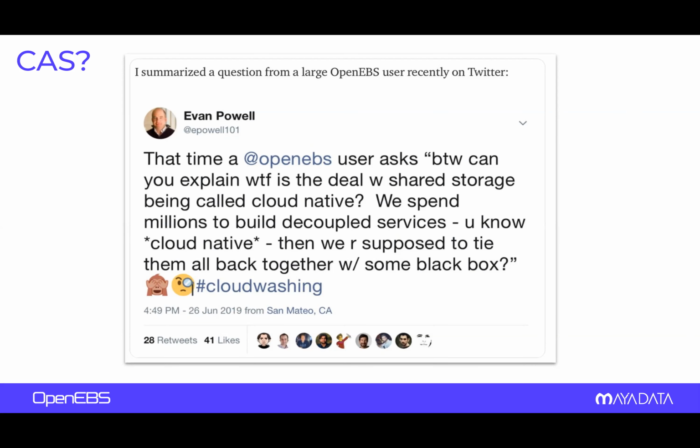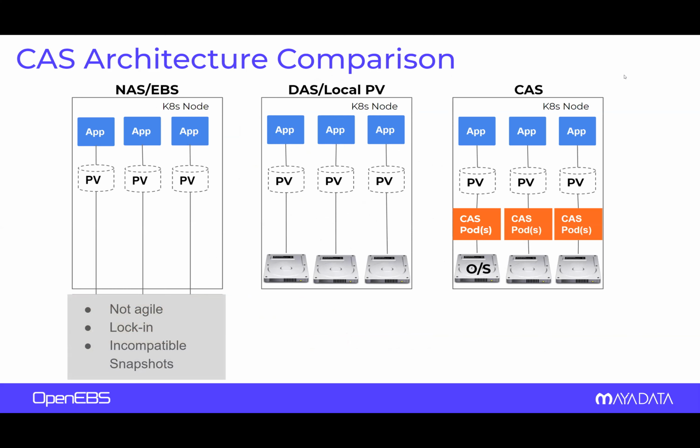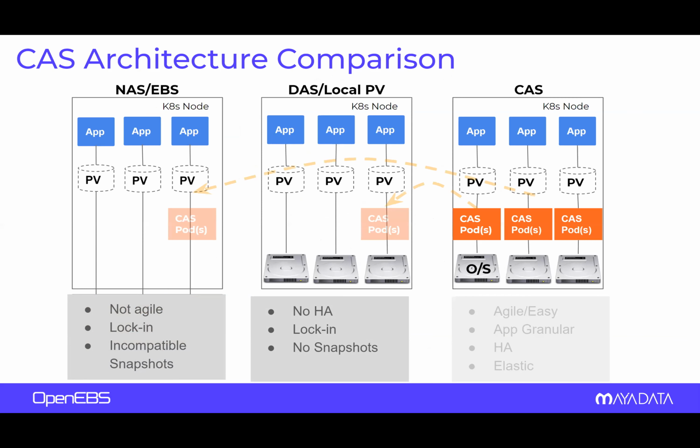Next slide. In the concept of container attached storage, reading the slide from the left, you have the option of EBS or network attached storage or traditional storage, where your application is locked into that specific system. You don't have compatible snapshots, and you're locked in one system. Not very agile. In the middle, you have direct attach or local PV, the same for local storage, where there's no snapshot and you're locked to your existing hardware.